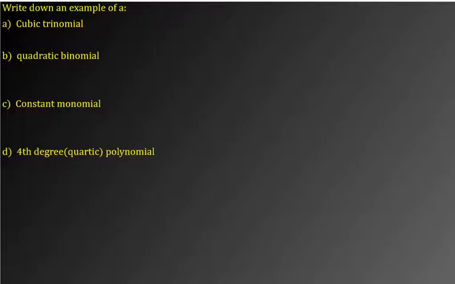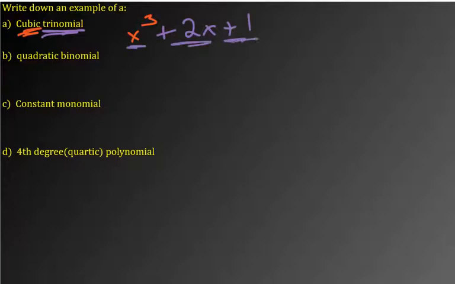So the cubic part means there's an x cubed, and the trinomial means there are 3 terms. So something like x cubed plus 2x plus 1. There's 1, 2, 3 terms, trinomial, and the biggest exponent is x cubed. That is a cubic trinomial.